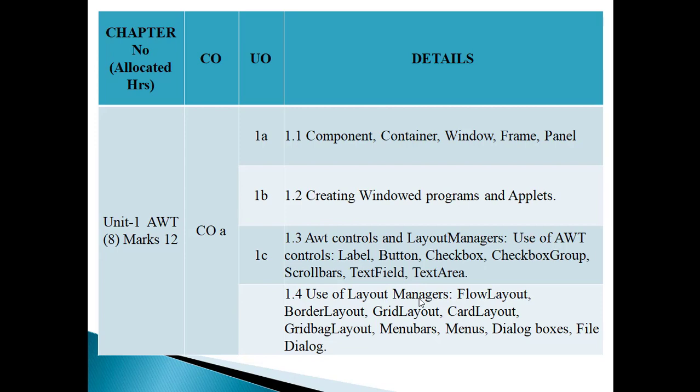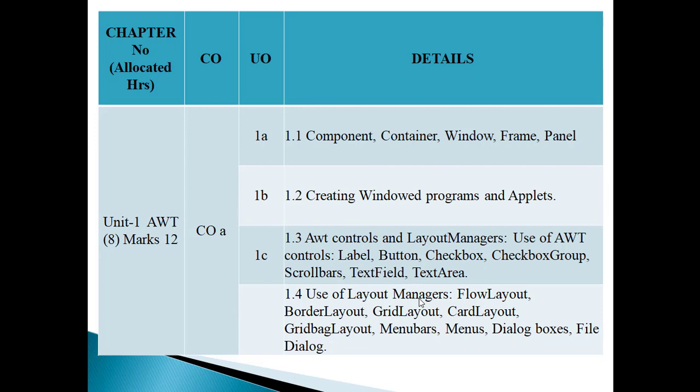Second point, creating windowed programs and applets. Third point, AWT controls and layout managers. There are 5 layout managers. In this point, use of AWT controls like label, button, checkbox group, scroll bars, text field, text area.